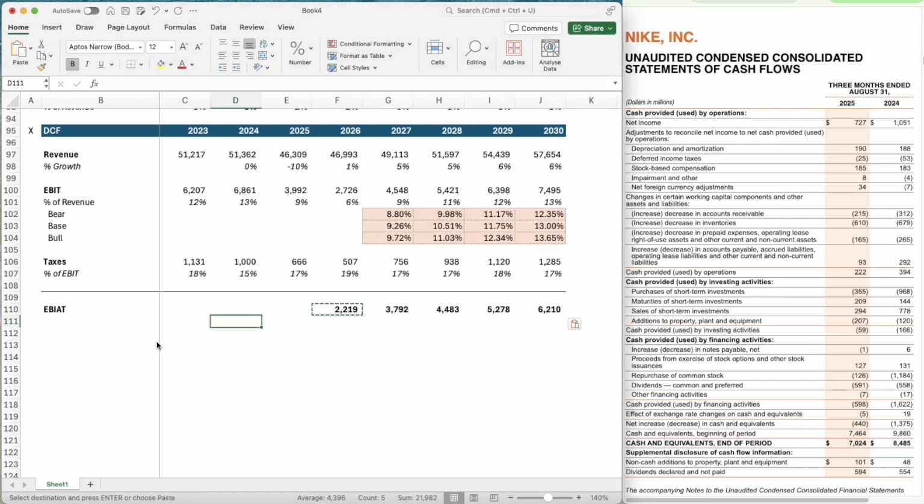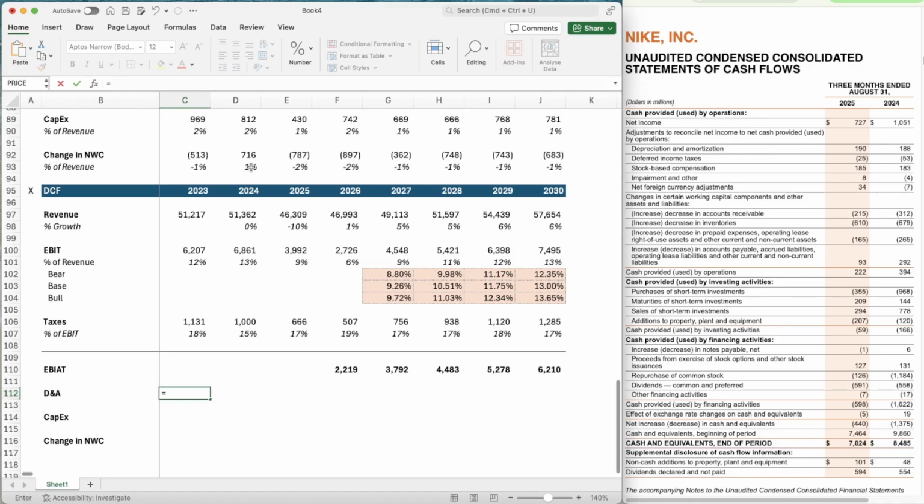Now, we go back to our depreciation and amortization, CapEx, and change in net working capital. We just copy them down from what we did up here.